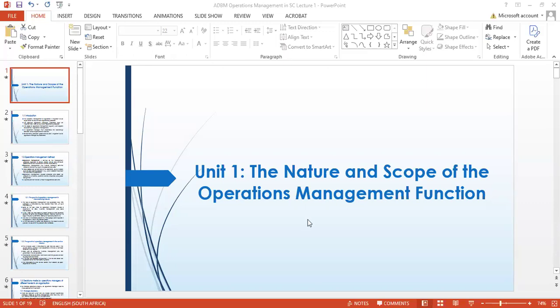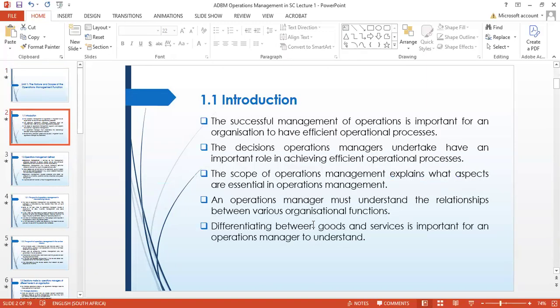All right. So this is our first topic: the nature and scope of operations management. So we know that for a business to function well, there are some operations that have to be managed, right? Those operations are managed by the operations managers.